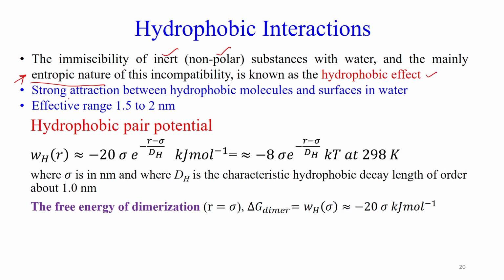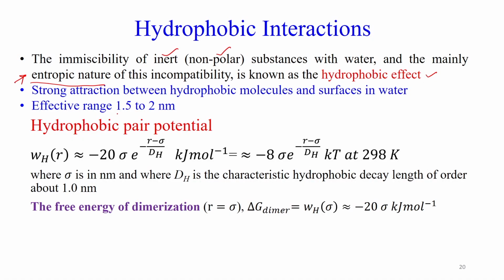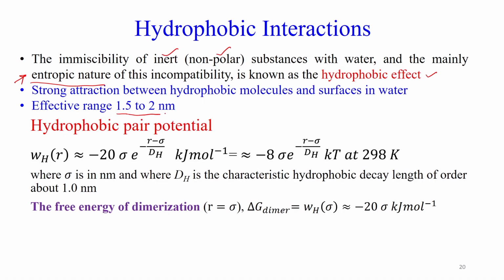Because of the presence of nonpolar molecules, there is a strong interaction between the hydrophobic molecules and the surface in water. Hydrophobic molecules try to come closer, and the water molecules come on the surface and surround them. This leads to a change in the entropy of the system. That is why this hydrophobic interaction is entropy driven, and its effective range is 1.5 to 2 nanometer.